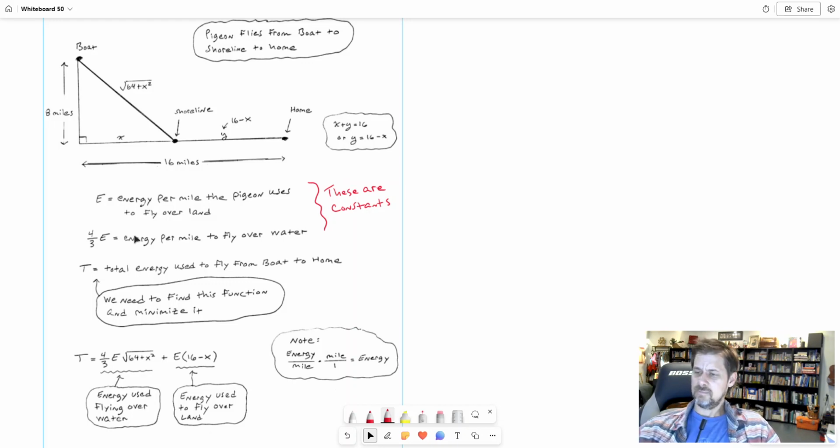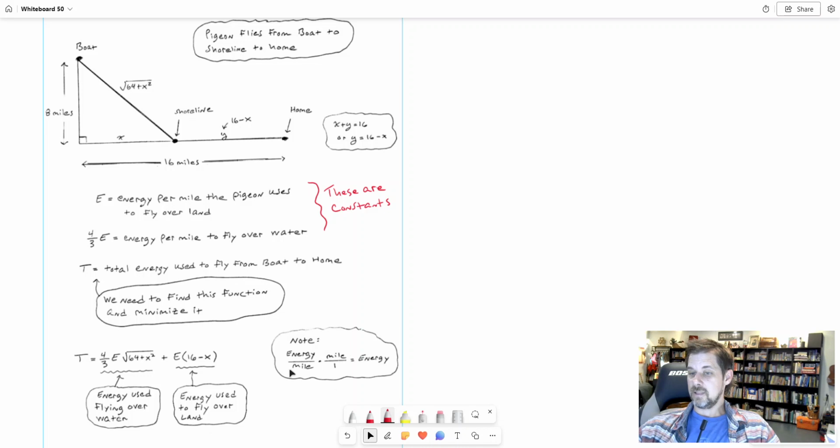I'll notice this about it. This thing, root 64 plus x squared, that's the distance in miles from the boat to the shoreline, okay? And these numbers, E and 4/3 E, that's the energy per mile that the pigeon uses to fly over either land or water. What do you get when you take a number that's energy per mile and multiply it times a distance in miles?